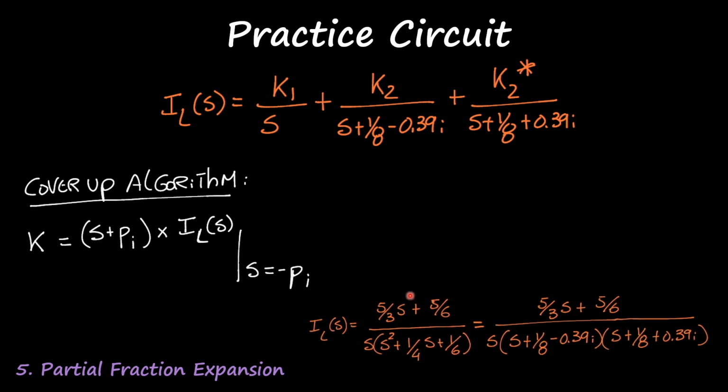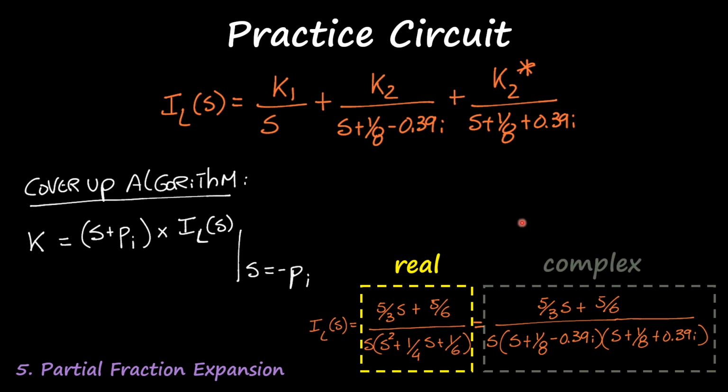We have this first one where the roots are not on the denominator, and then we rewrote it so we can have the roots on the denominator. Whenever you're trying to find the k's for real poles, you're going to use this equation. And whenever you want to find the k's for complex poles, I recommend using this equation.